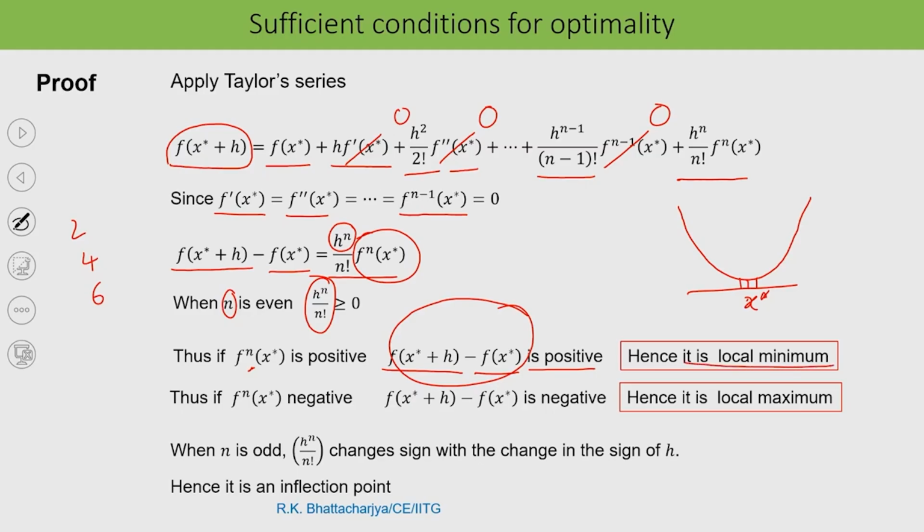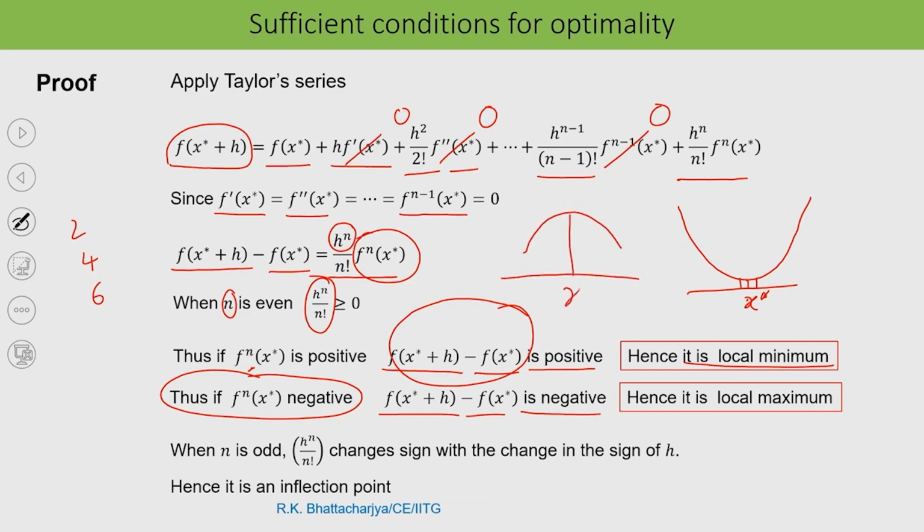Now, if the nth derivative is negative, in that case f of x star plus h minus f of x star is negative. So, when will it be negative? In case of maxima. So, I can say that this is the case.